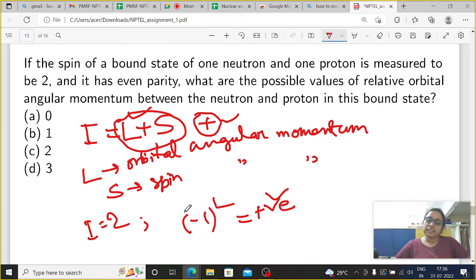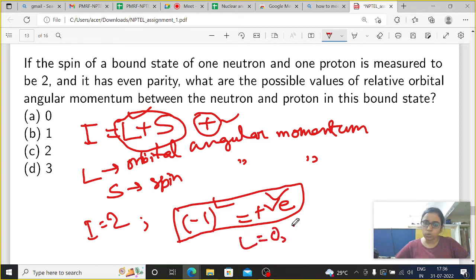So if this condition is there, obviously L should be 0, 2, 4, 6, 8, something like that. I don't know right now what the value of L will be, but I am assured that L will be 0 or 2 or 4 or 6 or 8 or something like that.